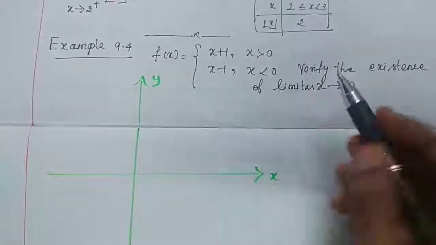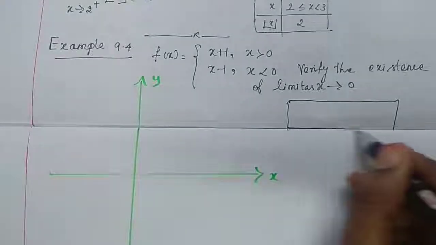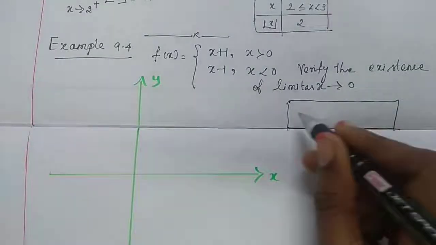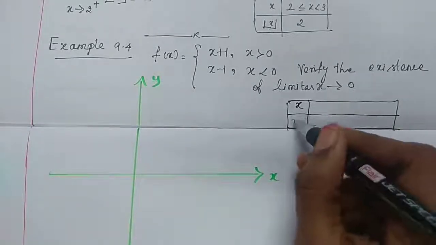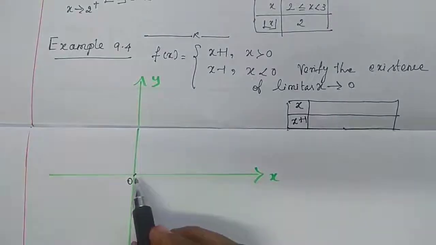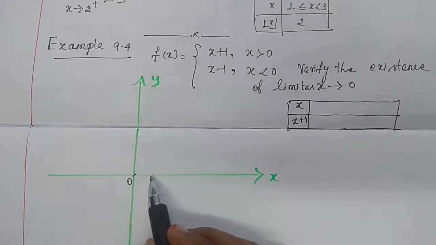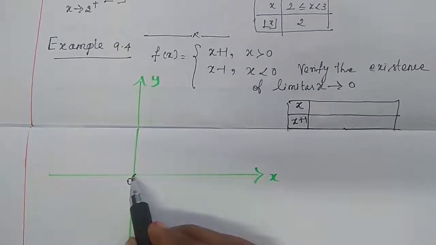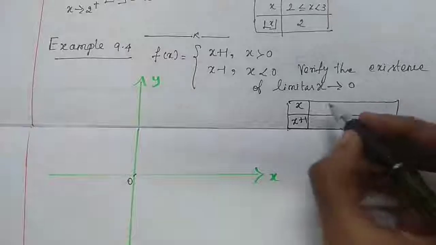For x greater than 0, put one table. x greater than 0 means 0 is not included, but 0.1, 0.2 and all the other points are included.